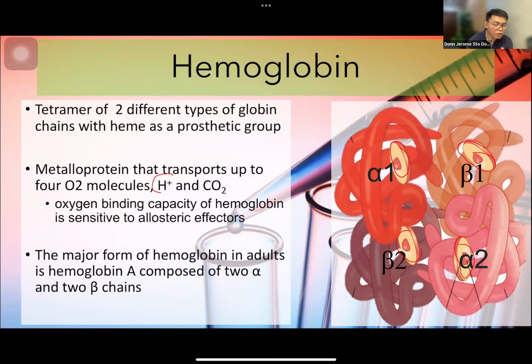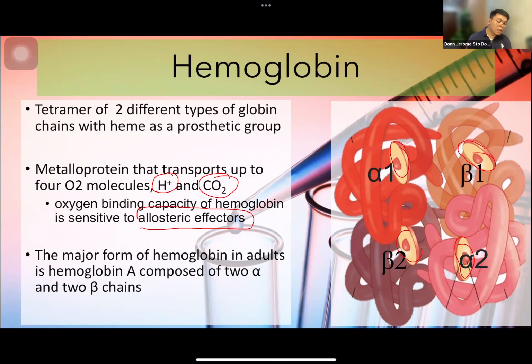It can transport hydrogen ion and carbon dioxide. And because of its structure, the oxygen binding capacity of hemoglobin is affected by allosteric effectors. Later on, we'll be discussing these. Allosteric effectors only apply to oxygen binding to hemoglobin, not to your myoglobin.